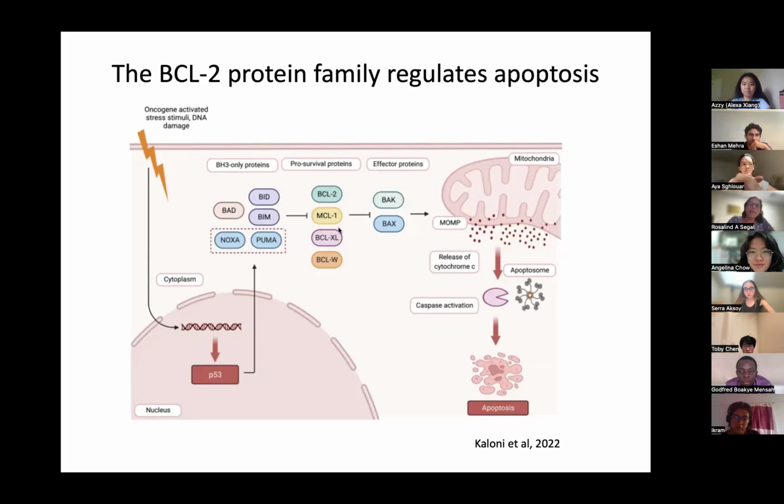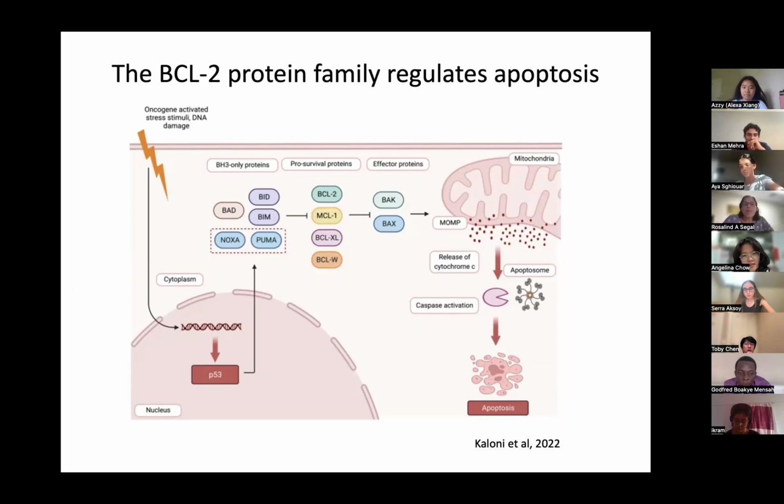In this way, BCL2 and BCLW prevent the release of cytochrome C, the assembling of what's called an apoptosome, and the activation of those cleavage proteins that we talked about at the very beginning, caspases, and so prevent apoptosis. Okay, so BCLW acts just like BCL2 in binding to and preventing the actions of BAX and BAK.